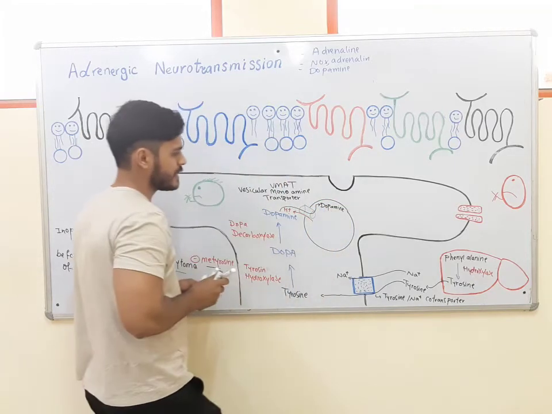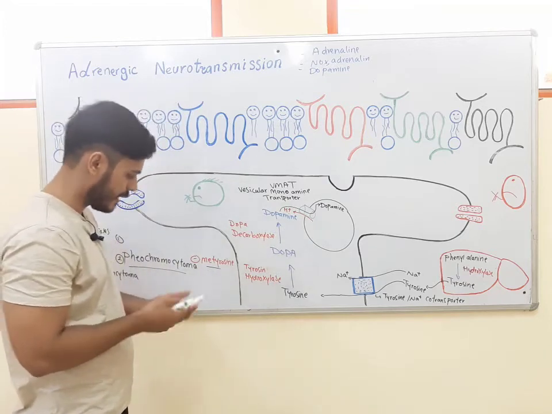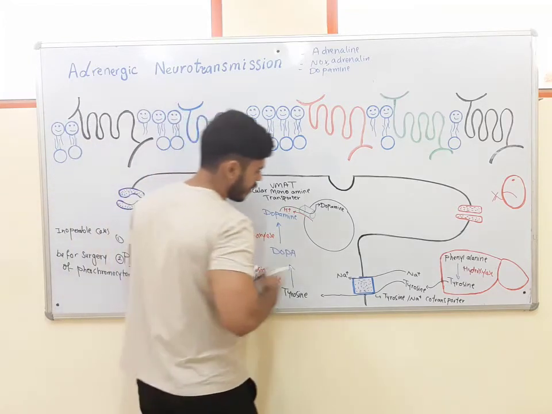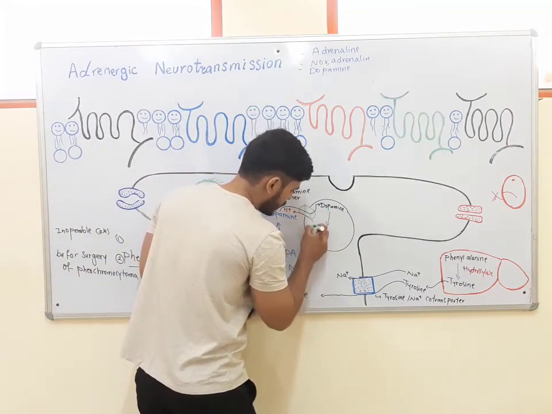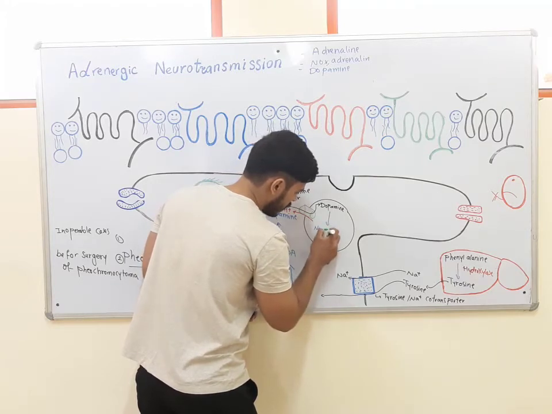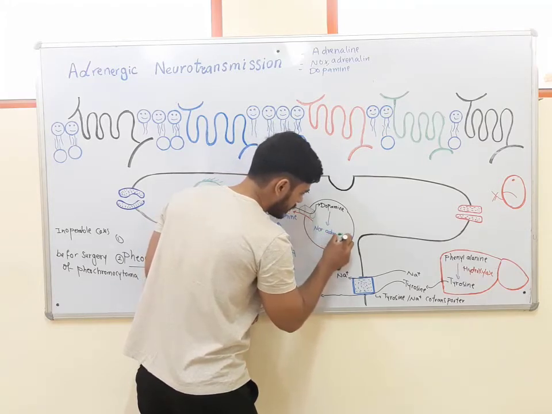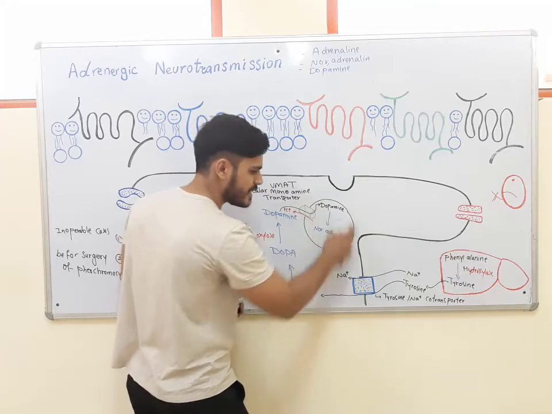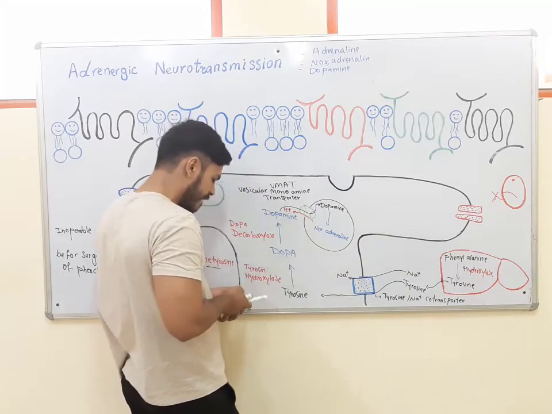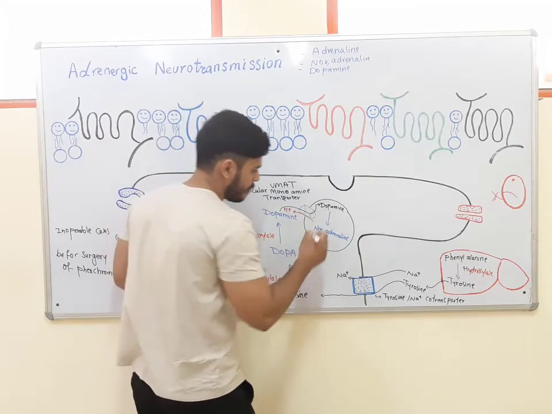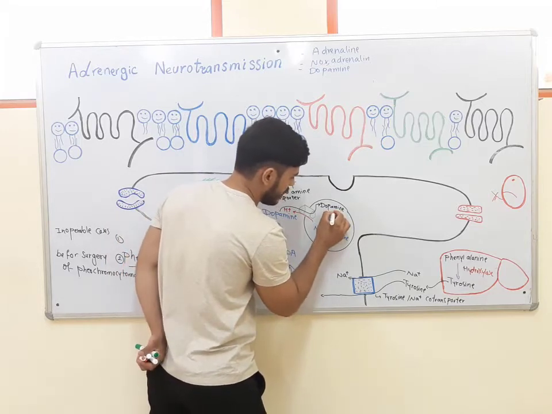The next step for synthesis of catecholamine is conversion of dopamine to noradrenaline, and this step occurs in the vesicles only because we have the enzyme dopamine beta hydroxylase in the vesicles.